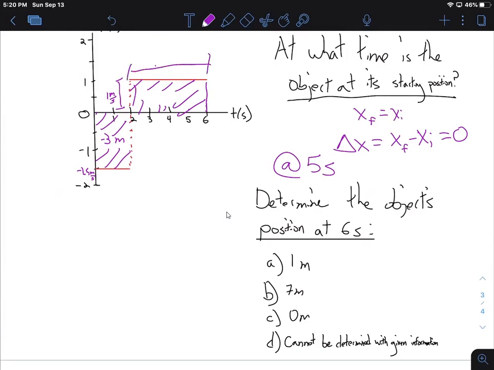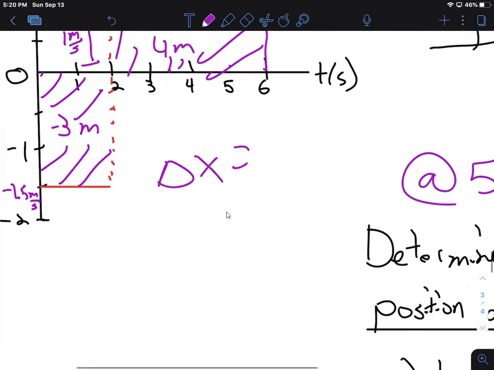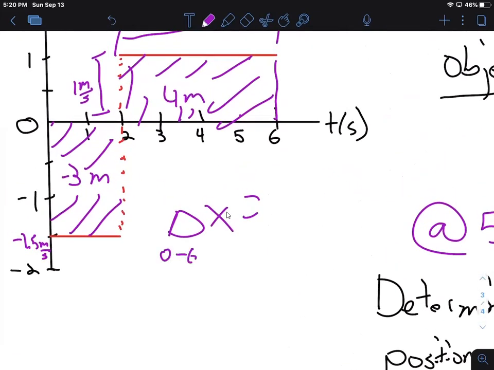This is a change of 4 seconds. So 4 times 1 meter per second is 4 meters. So maybe 4 meters plus negative 3 meters. That's the displacement over the whole interval, so from 0 to 6 seconds. That's a displacement of 1 meter. So I go 3 in the negative, then 4 in the positive.